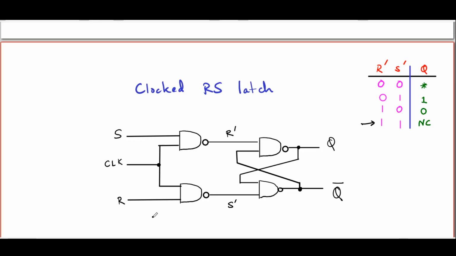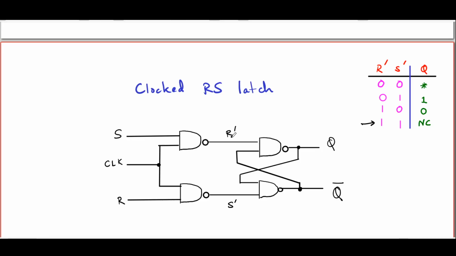Now, when the clock goes high, then of course the output of the NAND gate simply becomes the complement of the other input. That is, here R prime becomes S bar and S prime becomes R bar. So if S is 1, R is 0, then S prime, which is complement of R, becomes 1 and R prime becomes 0.